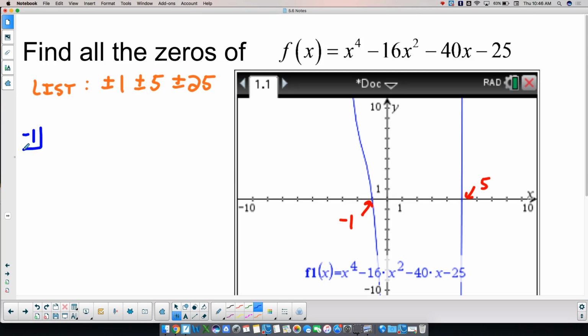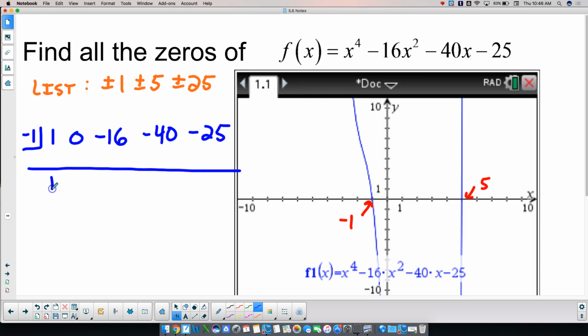Okay? 1, 0, negative 16, negative 40, and negative 25. 1, negative 1, negative 1, 1, negative 15, 15, negative 25, 25, 0.